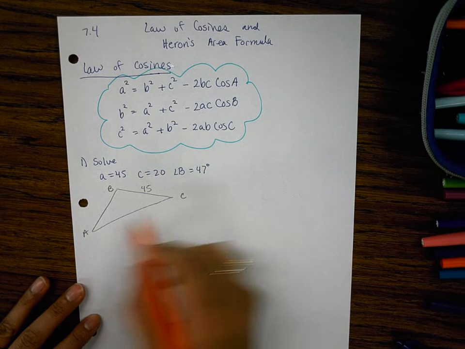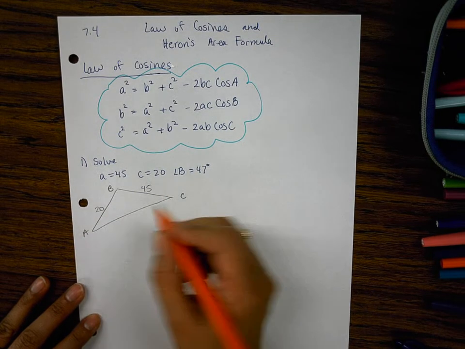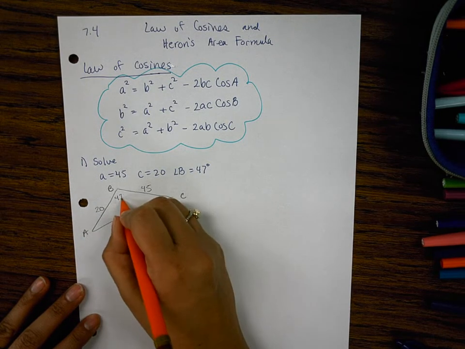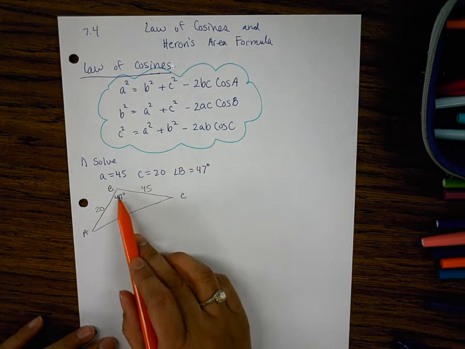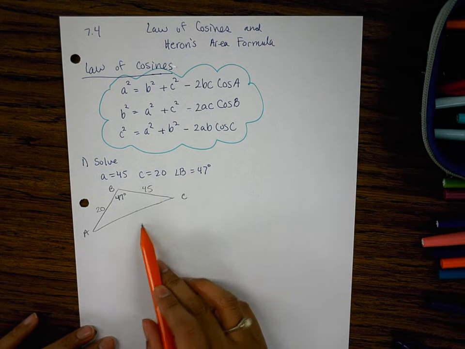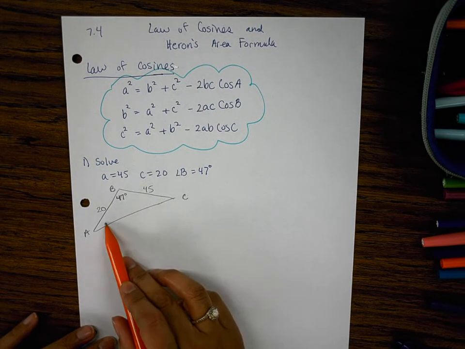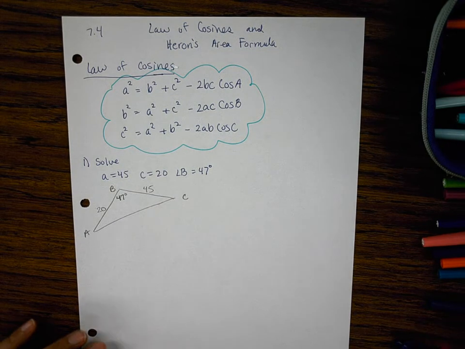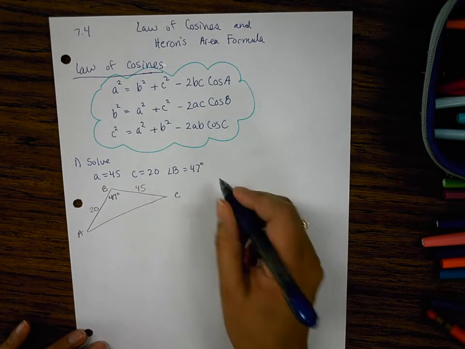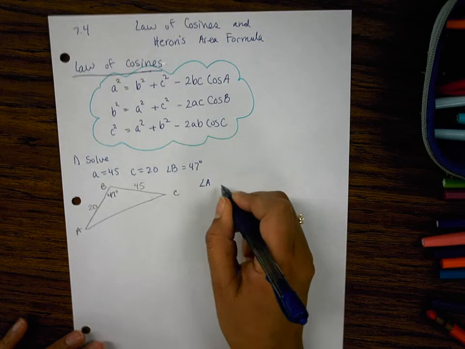Okay, when you see something like this, do you see where I have an angle and no matching side? I have a side and no matching angle, a side and no matching angle. We know we're not going to be able to use law of sines.